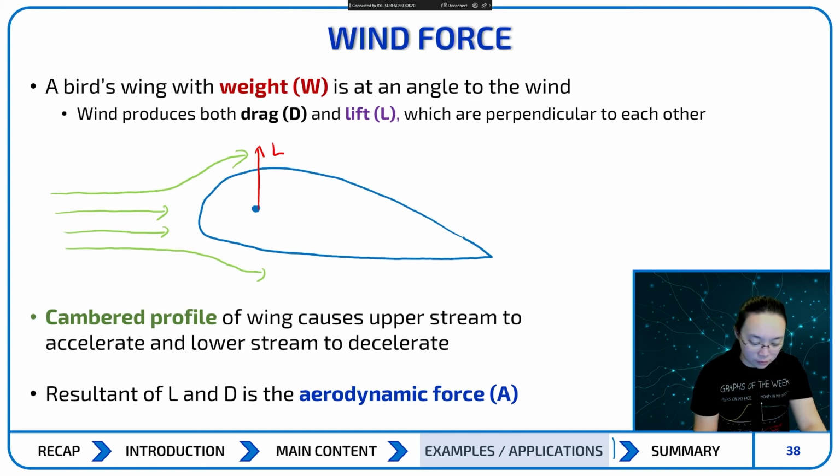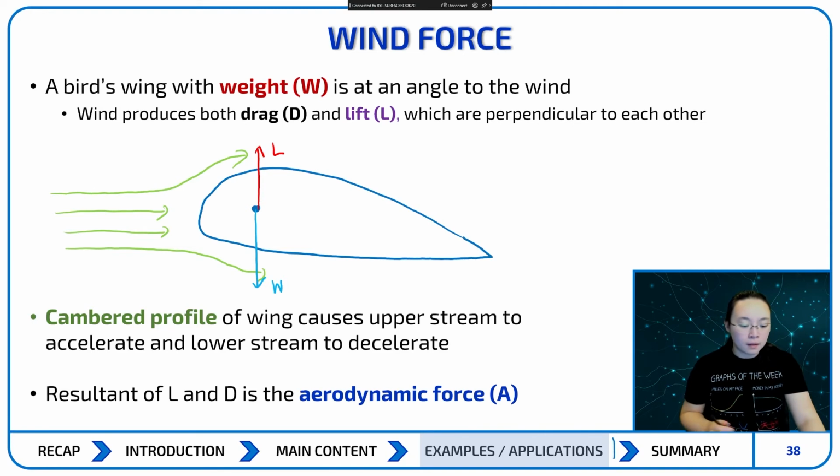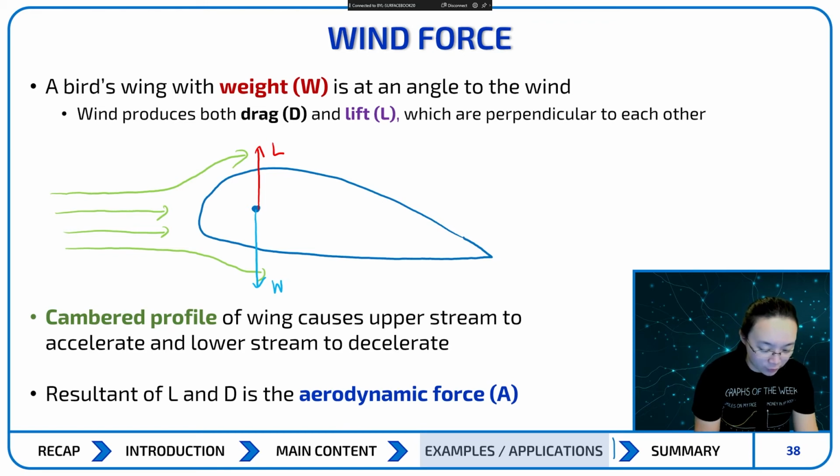So let's just draw in blue your weight. Now, as the bird is flying towards the left of the screen, it's going to experience drag, and that drag is coming from your wind. So the wind force is allowing drag to occur, and drag goes in this direction.